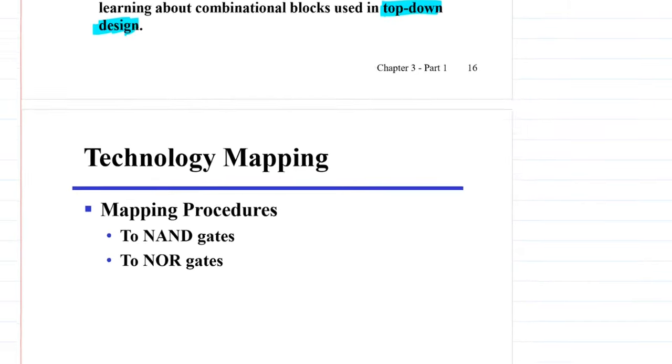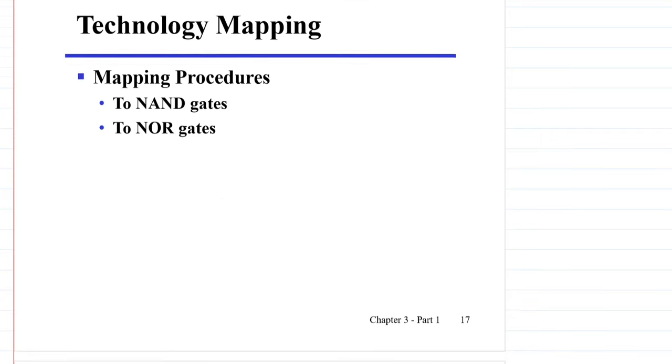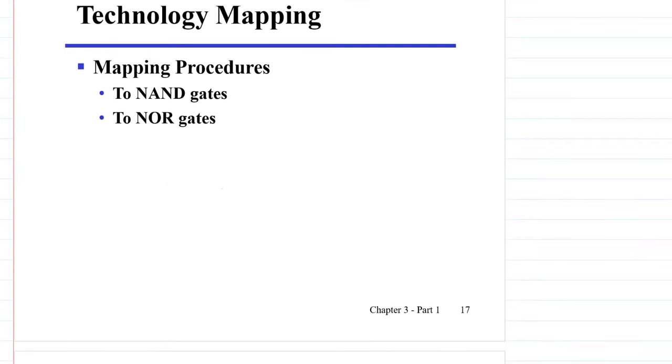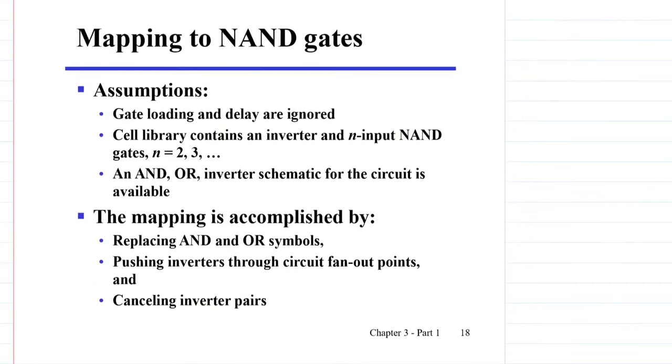All right, now let's go into more detail on one step of the design procedure, which is called technology mapping. For technology mapping, we are going to consider two cases: mapping to NAND gates and mapping to NOR gates. First, we start with the NAND gates. When we want to map to NAND gates, we have some assumptions.